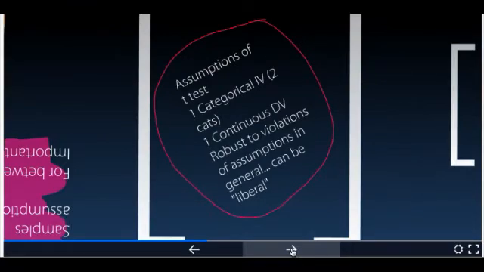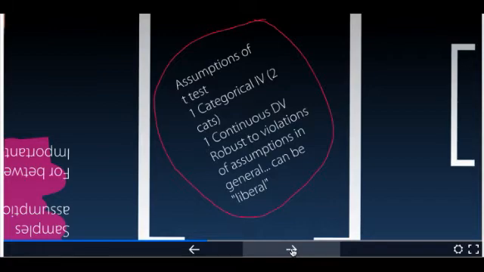So, assumptions of the t-test. One of the assumptions is that you are going to have one categorical independent variable and that variable will only have two categories, right? Male and female, or Prozac and ketamine, or treatment and no treatment. Those are your assumptions on this, and you must have that.